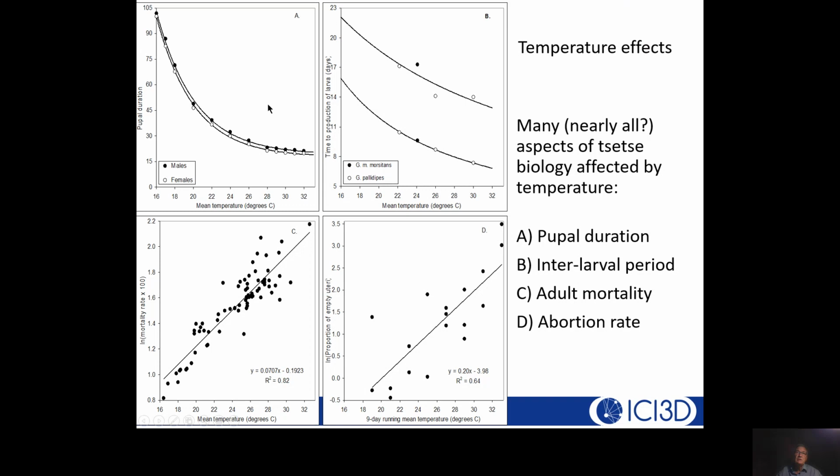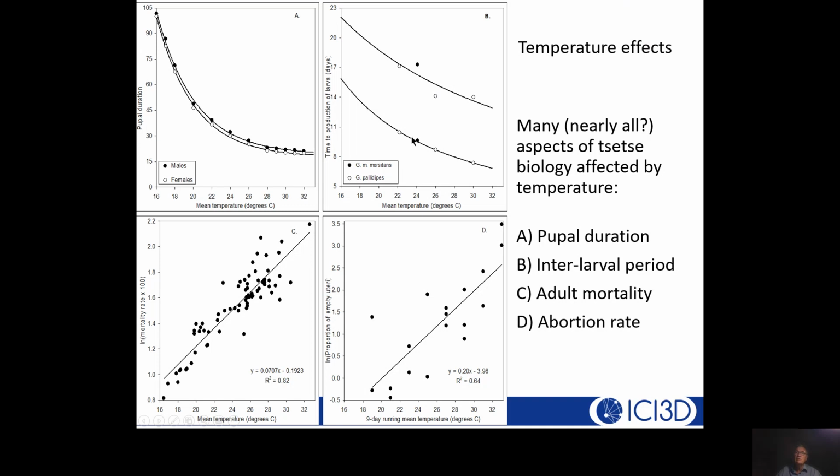For instance, the pupal duration declines exponentially as temperatures increase, going from 100 days at 16 degrees centigrade to 20 days at 30 degrees centigrade. Also, the length of time between the production of pupae declines exponentially.